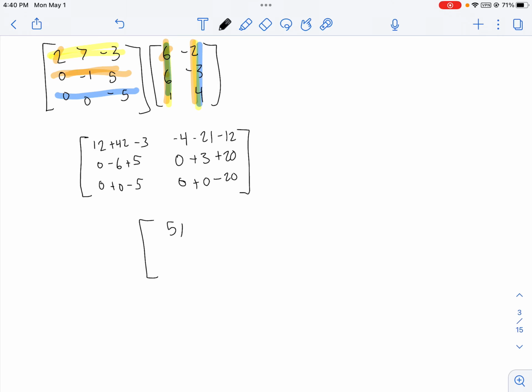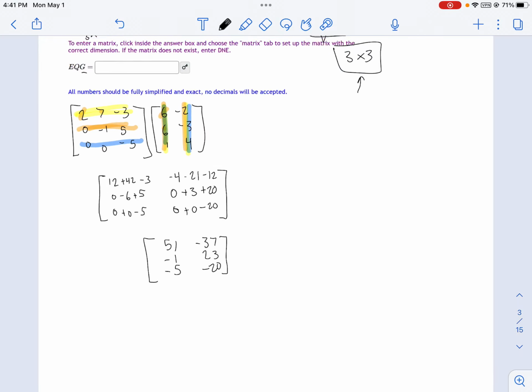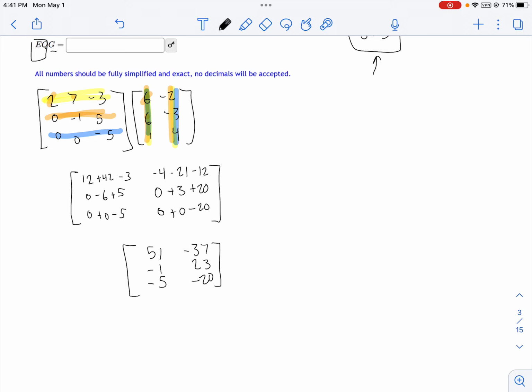Then 0 minus 6 plus 5, negative 1. 0 plus 0 minus 5, negative 5. On the next one, negative 4 minus 21 minus 12, which gives you negative 37. And then 23 and negative 20. That is the result for multiplying E to Q.